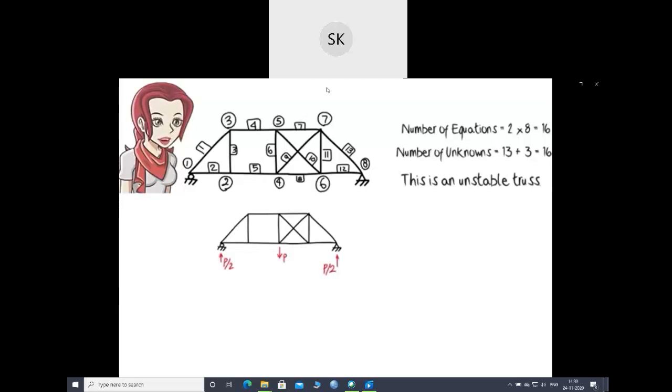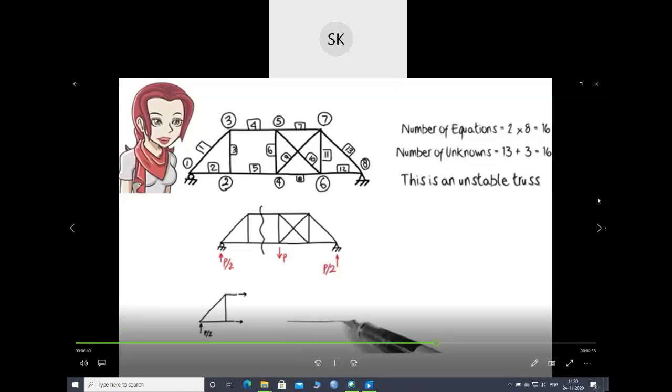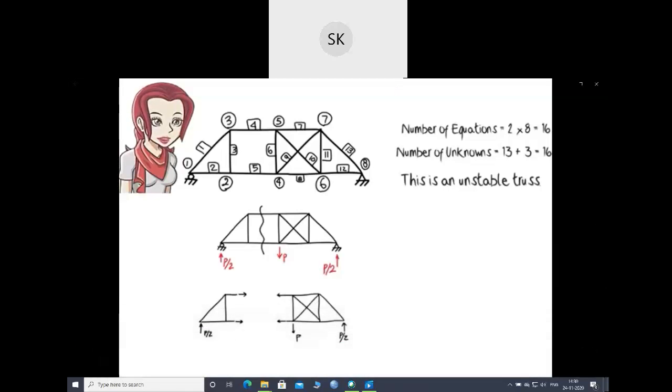Now suppose we conceptually cut the truss along a vertical plane as shown. Then we draw the free body diagram of each segment. For the structure to be in equilibrium, the equilibrium equations must be satisfied for each segment. One of the equations, however, cannot be satisfied for either segment: the sum of the forces in the y direction is not 0.